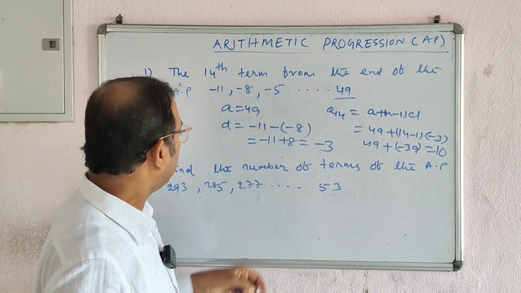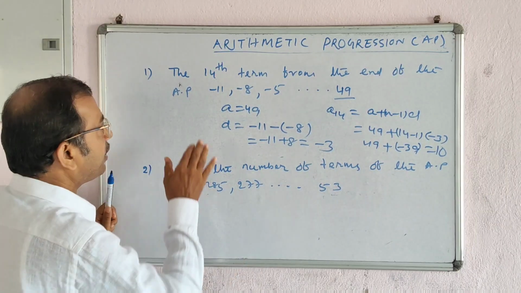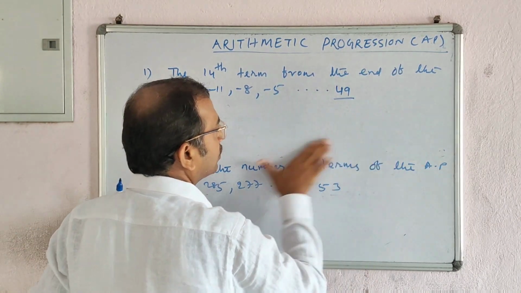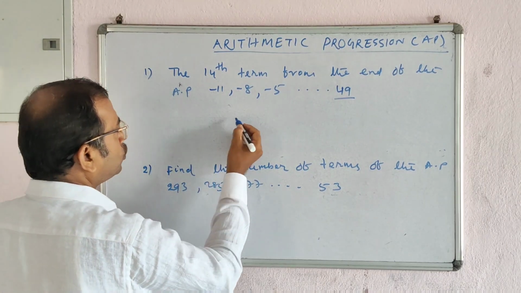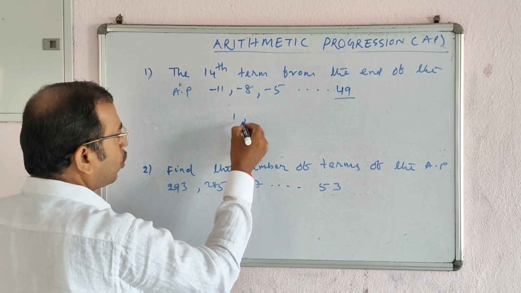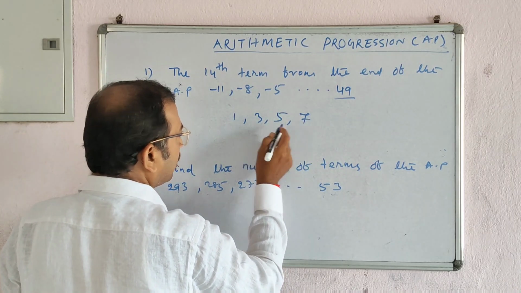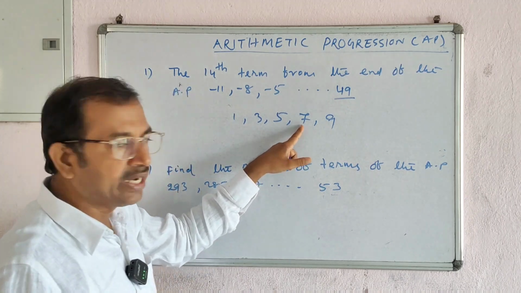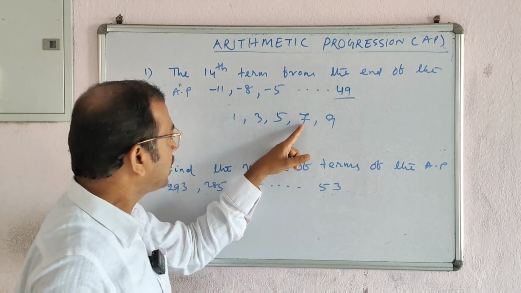So similarly, there are two ways. One example is given here. See, suppose one series is given. I am telling here 1, 3, 5, 7, 9. So the second term from the end, what is it? 7.